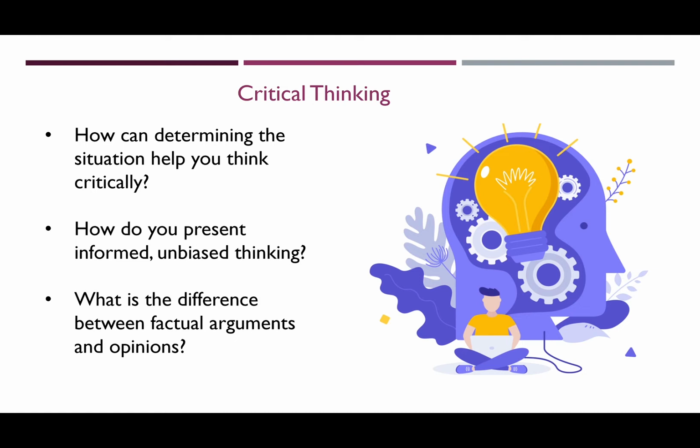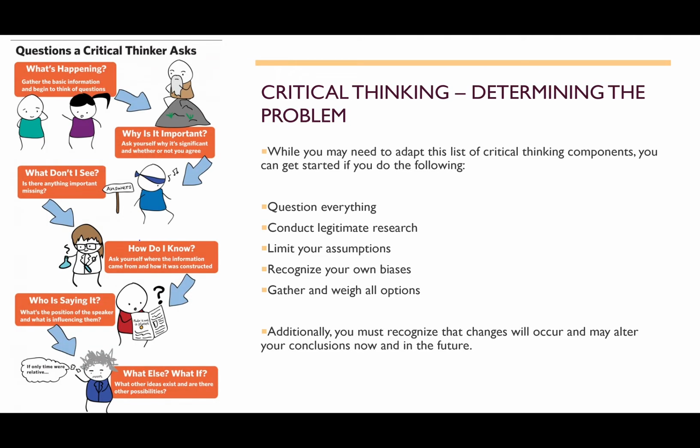And you can state your information and how you found that information out. Just because you don't necessarily agree with a topic doesn't mean that it's factual. So understanding the difference is very important to being able to think critically.